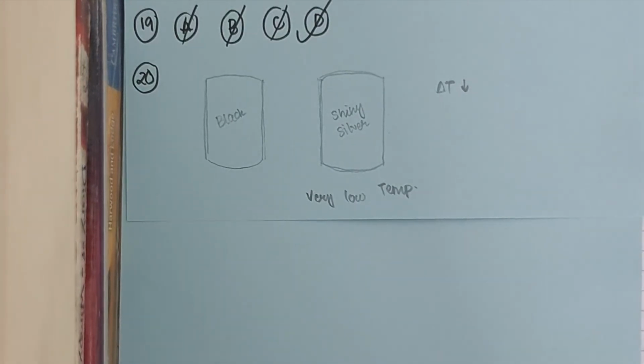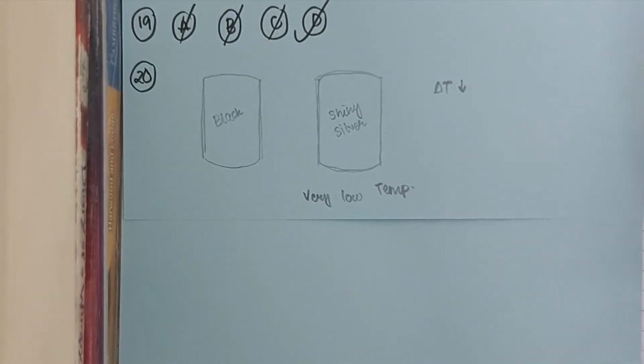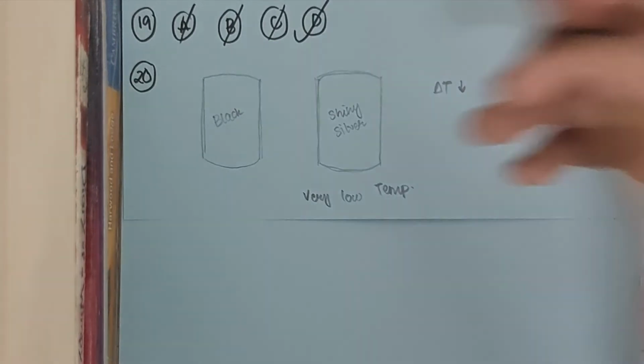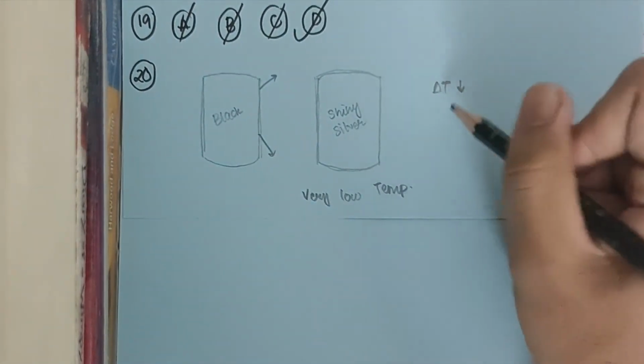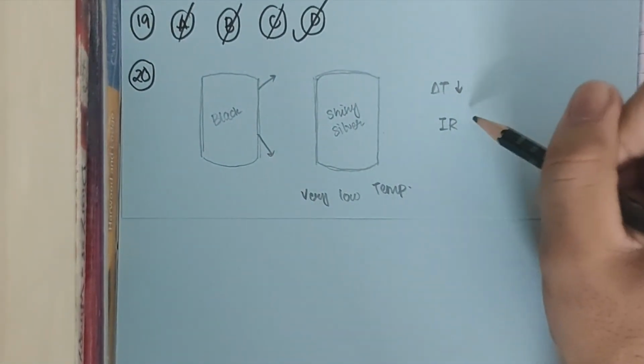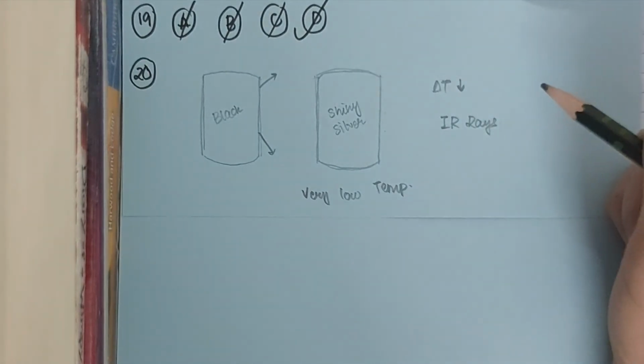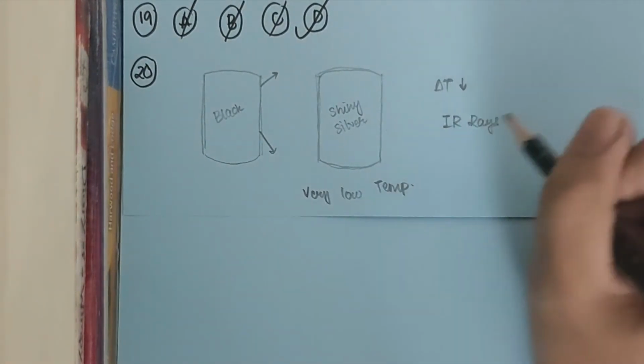Second thing we have is something related to radiation. There's something called black body radiation, which basically means that if a body is black and it is hot in outer space, then it will radiate away heat. This heat will be in the form of IR rays. IR rays are a form of light and they basically carry heat.